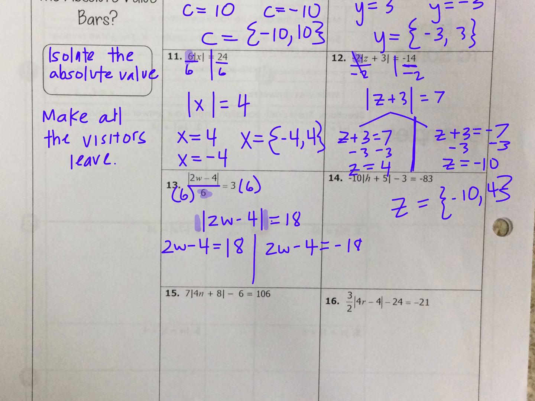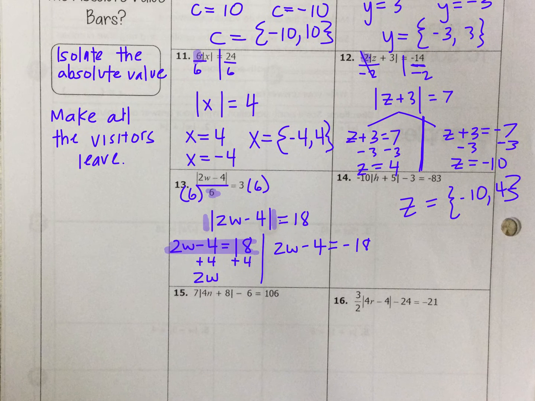Now I need to solve these. So just first look at this problem right here. I'm going to add the 4. And I get 2w equals 22. And then I divide by 2. And I get w equals 11 for that problem.